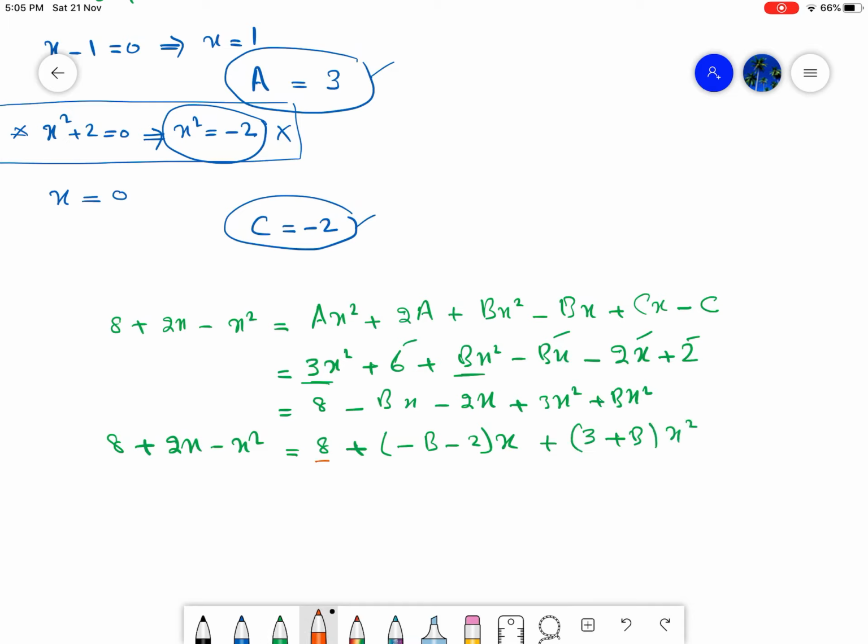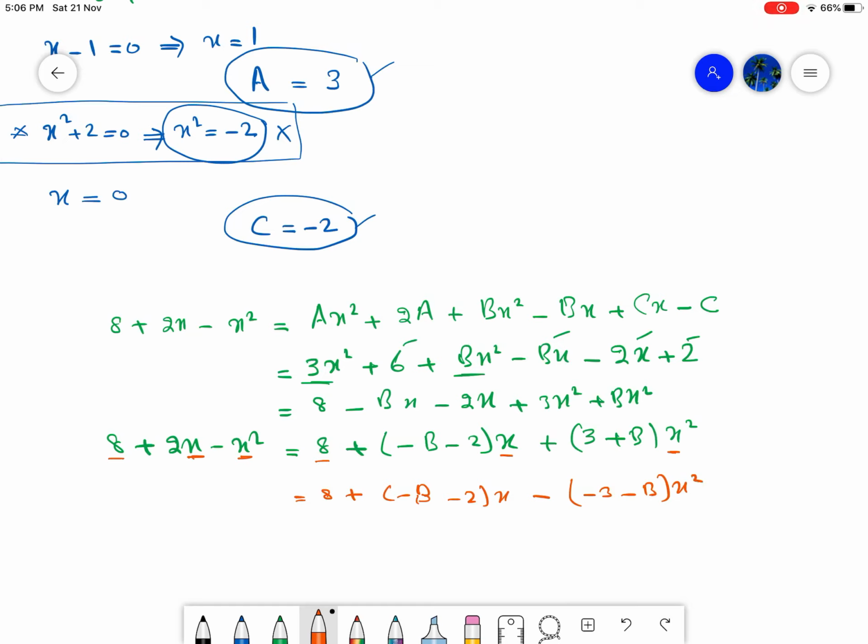So now, you can see x and its coefficient, x square and its coefficient. Here, because we are having a negative sign, we can change this one into negative, and you will get 8 plus minus b minus 2 x minus 3 minus b x square.